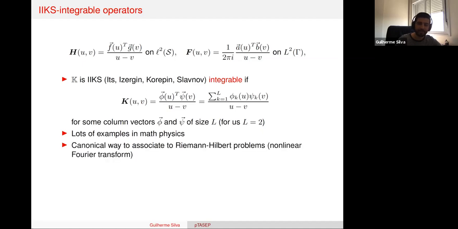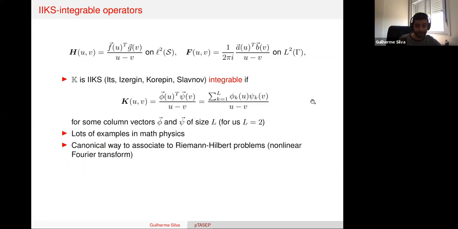And perhaps one of the important things here is that there's a canonical way to associate to an integrable operator a Riemann-Hilbert problem, or a nonlinear Fourier transform, which provides you with several tools to do all sorts of things. We're going to talk more about that.